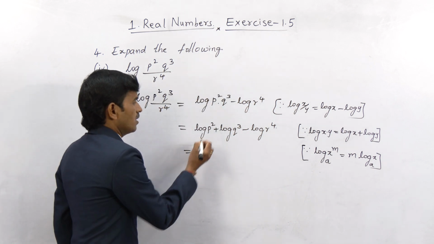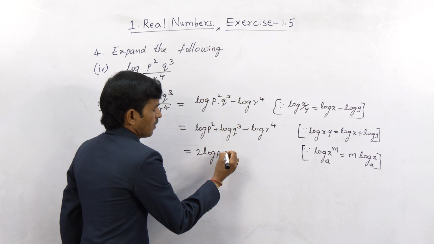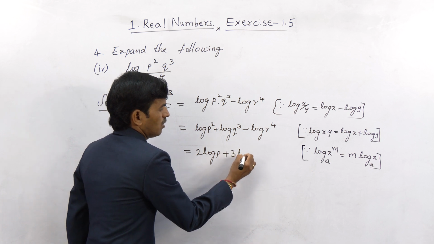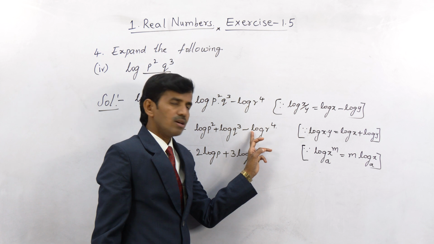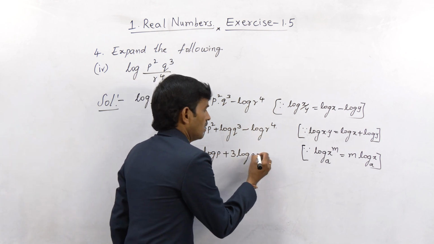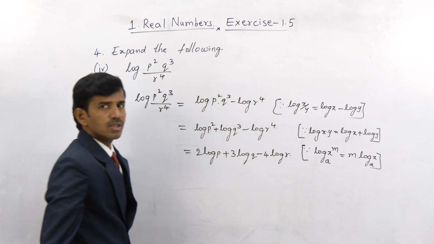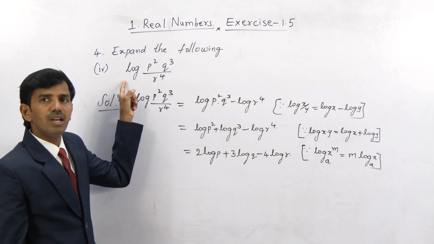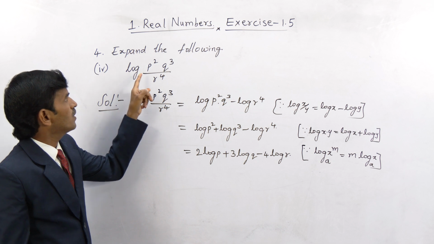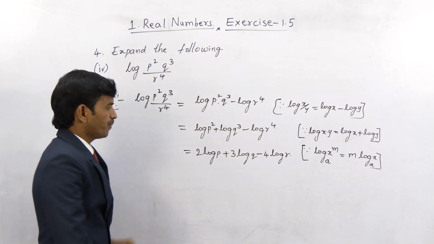Now we can see this can be written as 2 log p plus 3 log q. Now this power becomes what? A product: minus 4 log r. So which is the required expansion of the given logarithm of p square into q power 3 by r power 4.